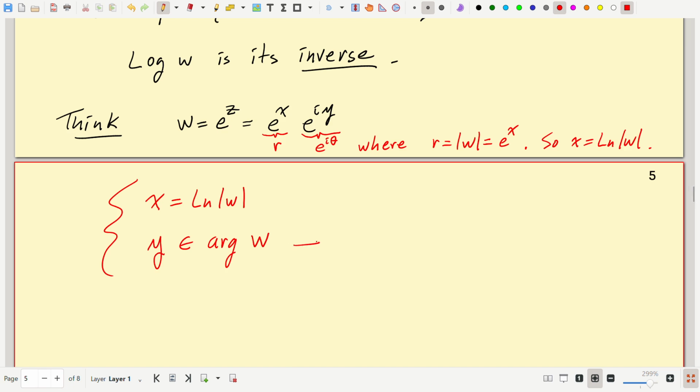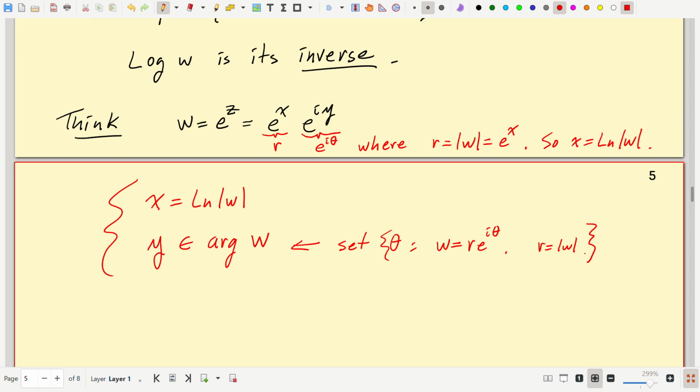That's a set of theta such that w equals r e to the i theta. I'm sorry, the argument of w, yeah. r has to be the modulus of w. Okay, so choosing a log function is strictly choosing an argument. That's all there is to it.